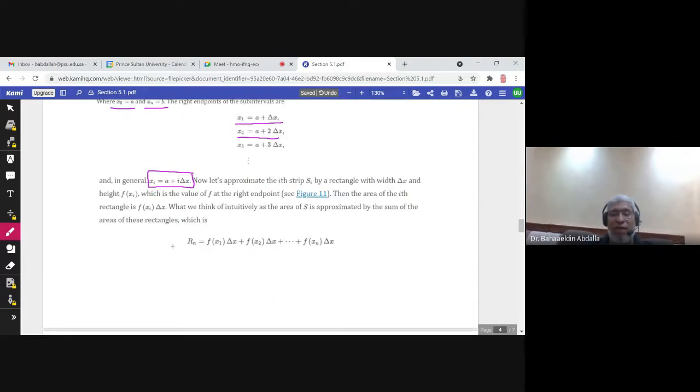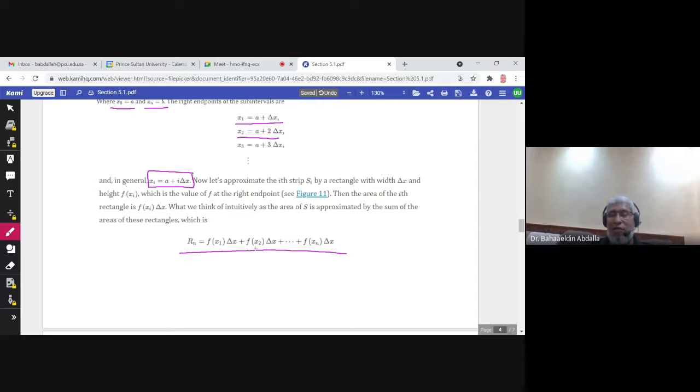So we can write a formula. This is the known formula which we used for Rn. So Rn is using the right end point, the sum of the areas of the n rectangles. F of x1 times delta x, this is the length of the first rectangle. This is the width of the first rectangle.